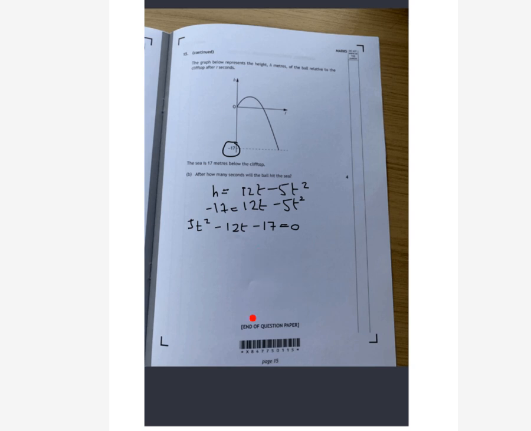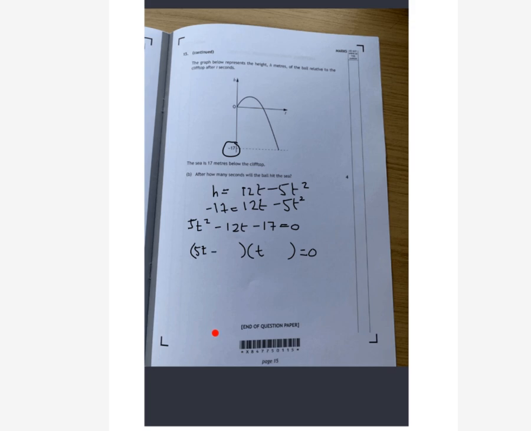Okay, well, the numbers look hideous, but believe it or not, they've been fairly kind to us, because the coefficient of t squared is 5, and it's a prime. So if I put 5t, and t, and also we can see that this is negative, but 17 is also a prime.